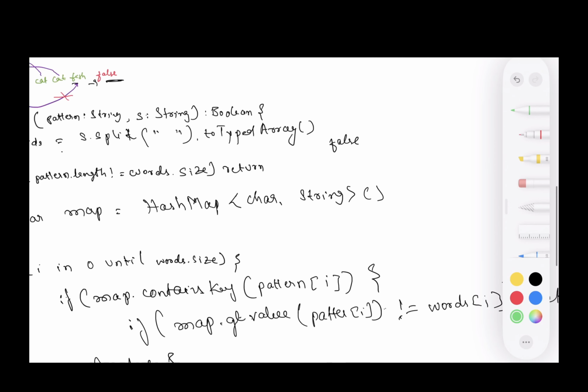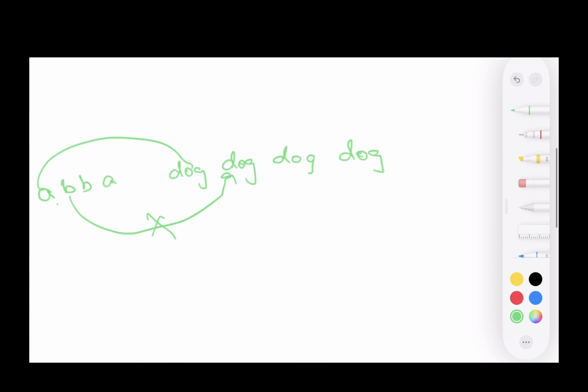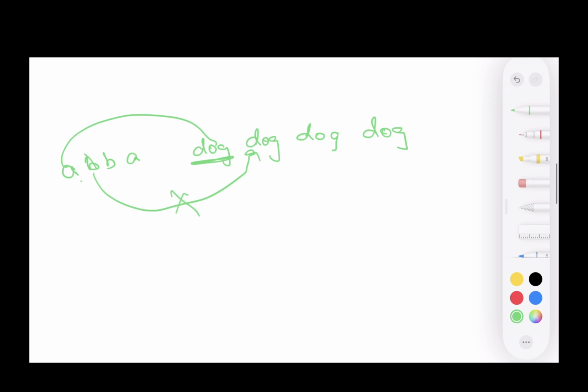In that condition, if a value exists already, that means the key is different, so definitely I should return false.